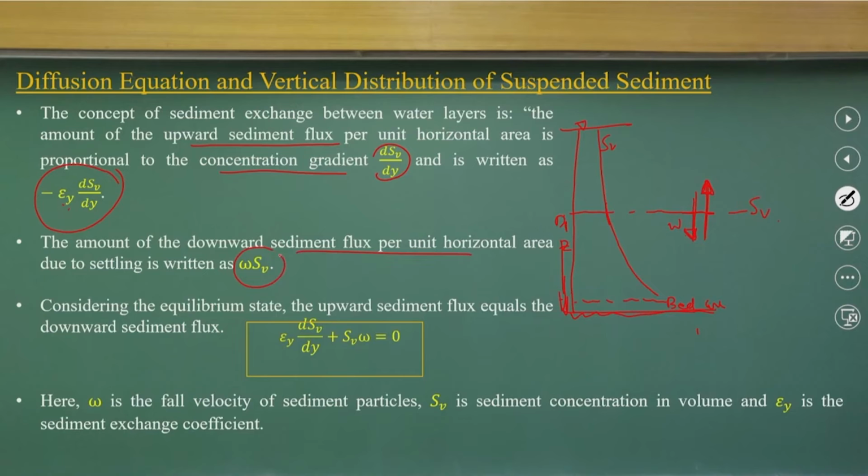If you equate them, you get a very simple ordinary differential equation with S B unknown, for which we can get analytical solutions, where S B is the sediment concentration and epsilon y indicates the sediment exchange coefficient. That will be different for different sediment components.